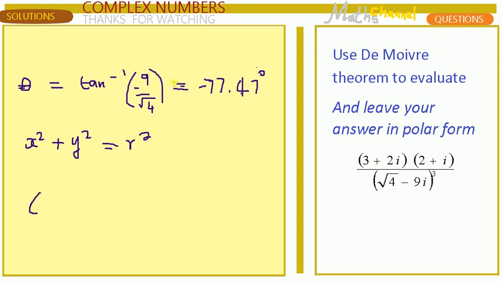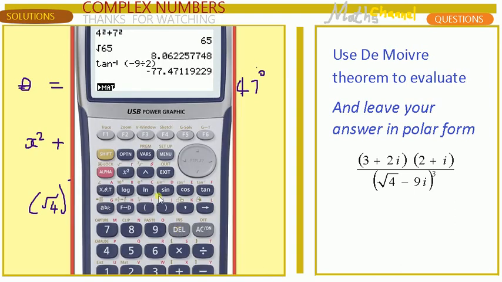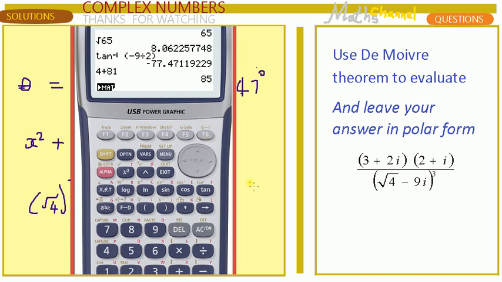So what is x, and then our y is negative 9, negative 9 square, then r square. So what do we have? 4 plus 81 is 85.